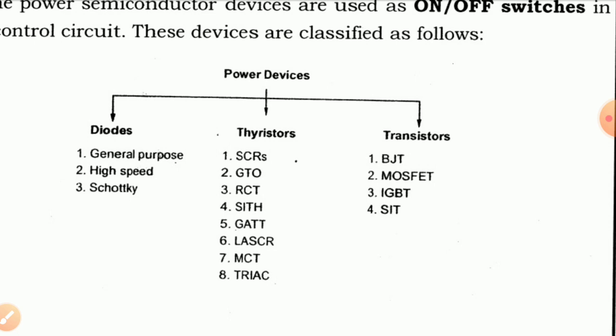Then comes the thyristor. The different switches which fall under the thyristor family are SCR, GTO, RCT, SITH, LASCR, MCT, and triac.